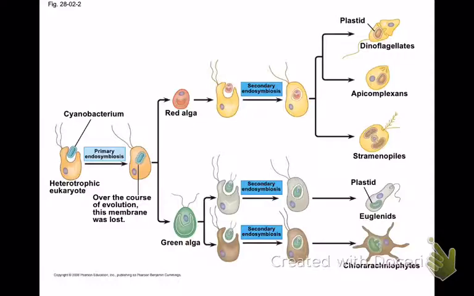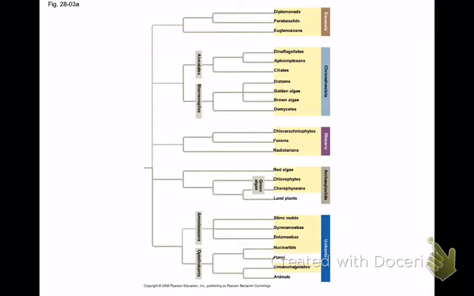Cyanobacteria are photosynthetic bacteria, and this formed an endosymbiosis to form the chloroplast. The first time the cyanobacterium was engulfed, so when a prokaryote was engulfed by a eukaryote, we call this the primary endosymbiosis.